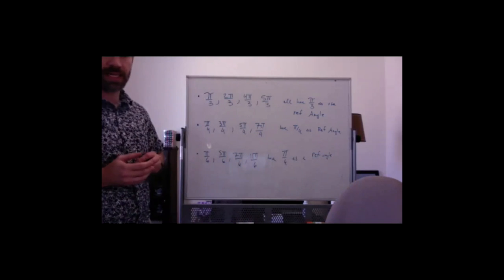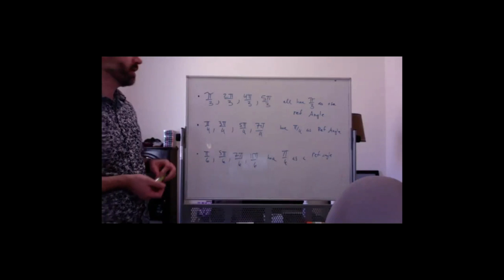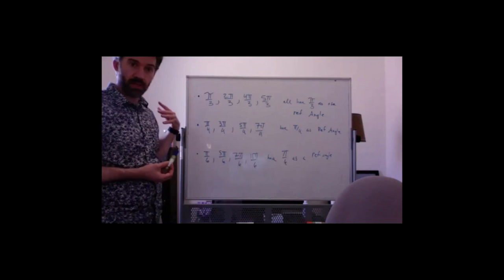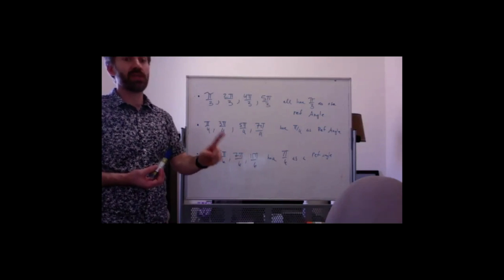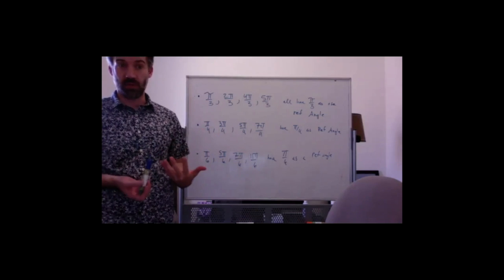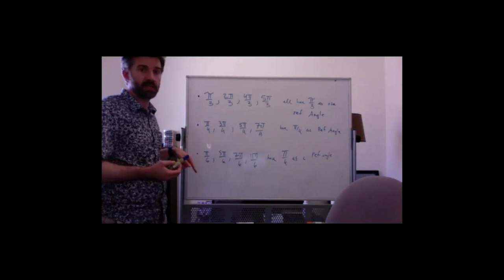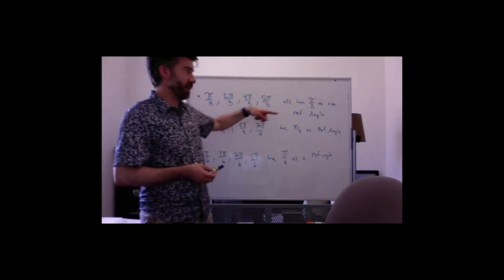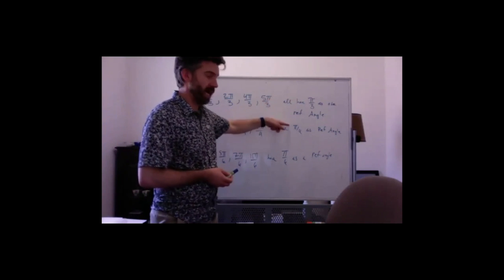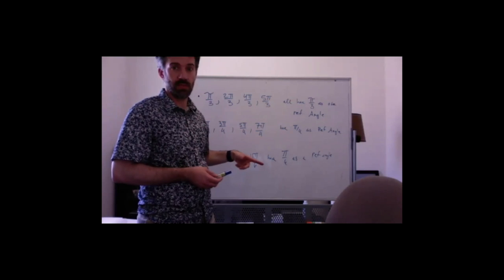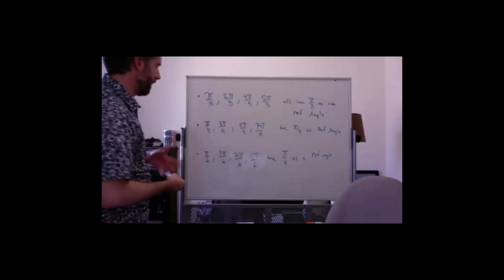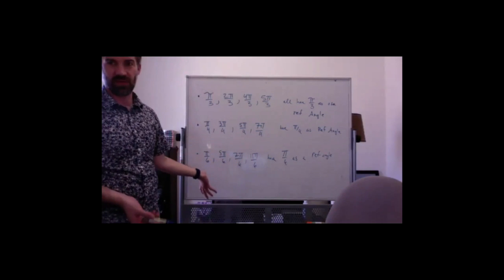So here's the way I tend to think about it. If you have an angle measured in radians and it's reduced, the fraction has to be reduced, if the denominator is 3, 4, or 6, the reference angle is respectively pi over 3, pi over 4, or pi over 6. So if I give you something, right, I mean, this is the whole list of all of the angles we really care about.